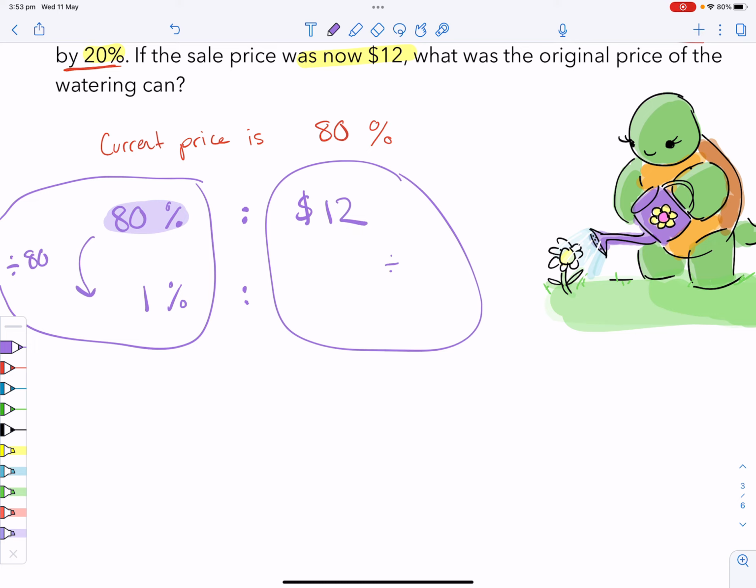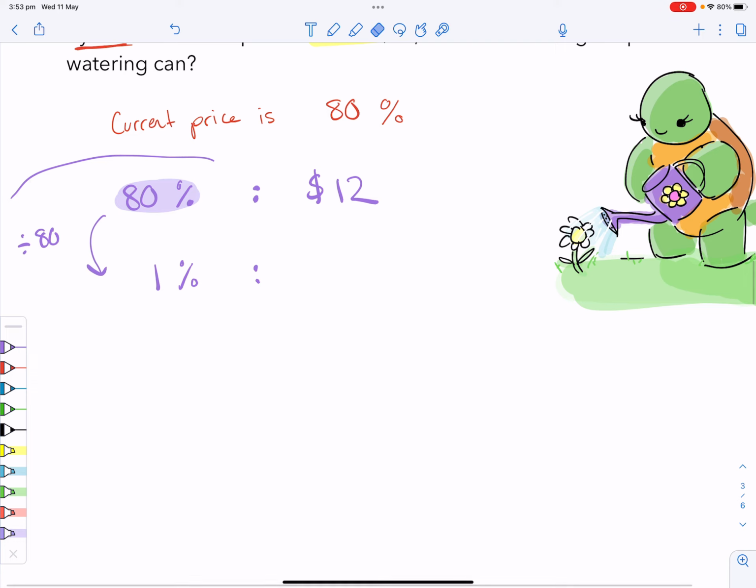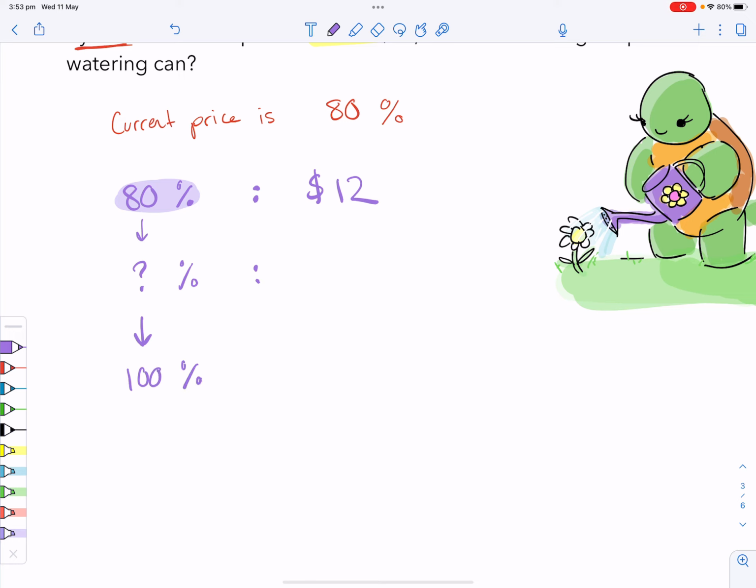But then I thought, is there another way that I can do this that'll achieve the same objective but with less work? So it's not going to follow exactly the unitary method, but I was thinking, can I change this into something that's easy to scale back up to 100? Like, what if I divide it by 10? Then I would get 8%, and then that's really difficult to convert to 100.